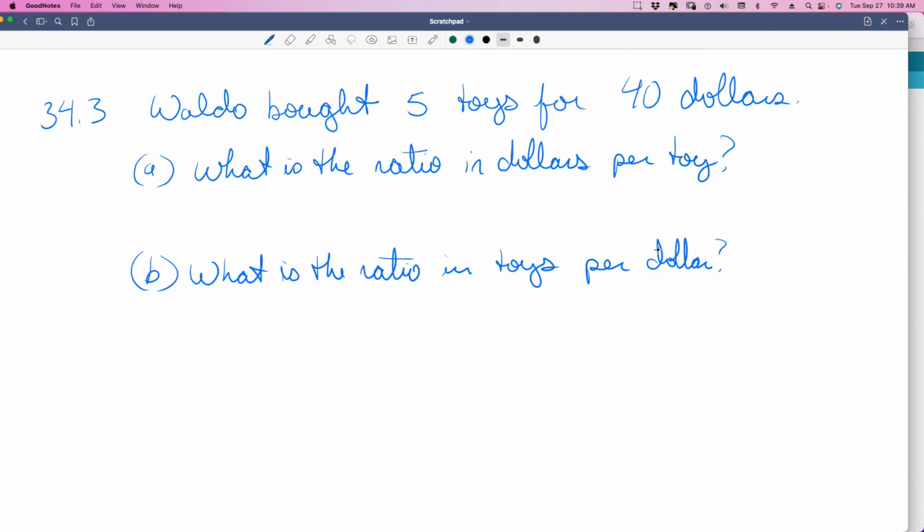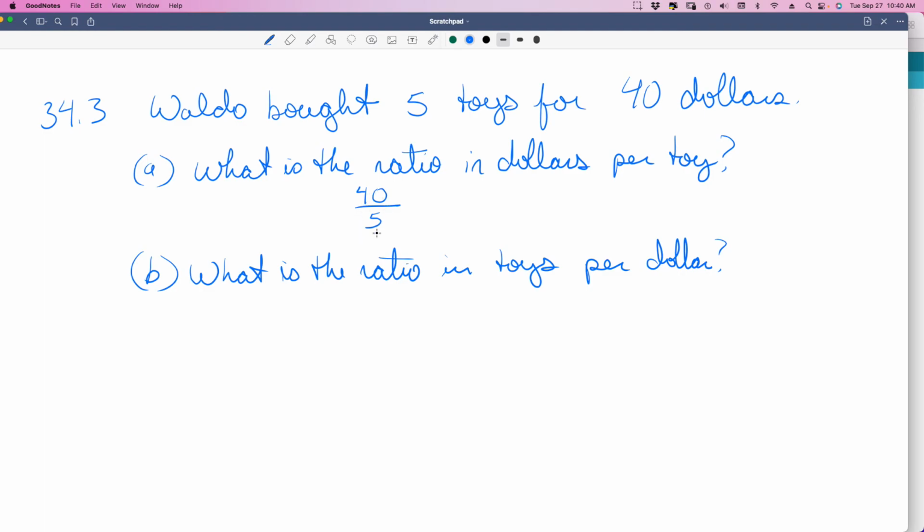I'm going to pause and write it up here for us because it takes a minute. All right, so here's our problem 34.3, and it says Waldo bought 5 toys for $40. What is the ratio in dollars per toy? So dollars per toy. So that would be $40 per 5 toys.